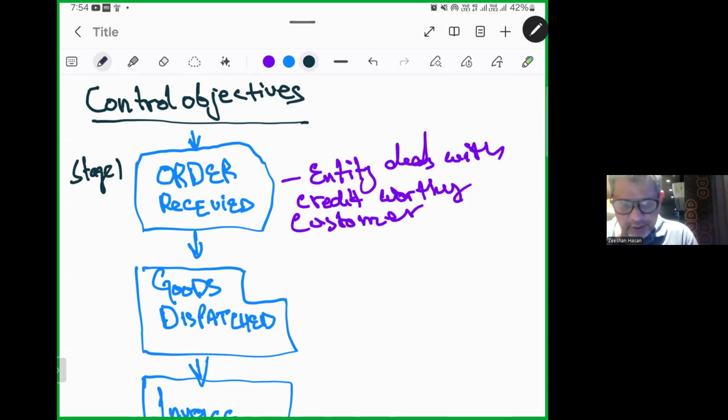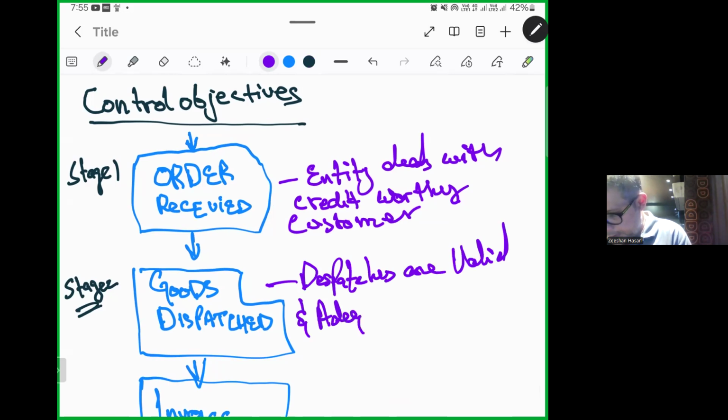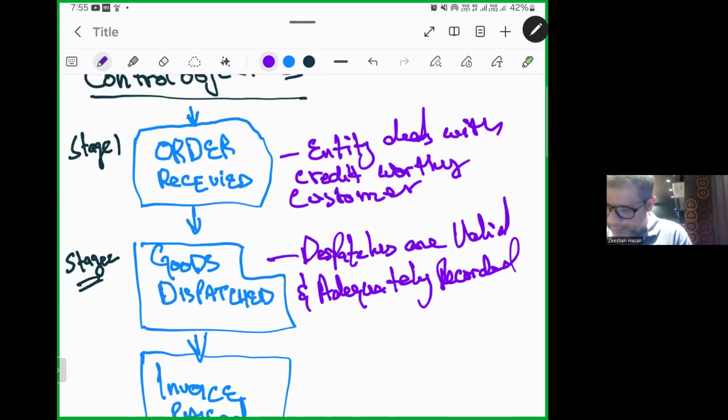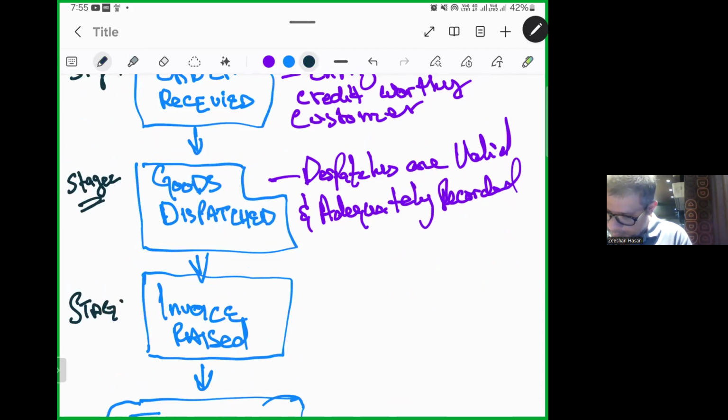Then we have stage two, goods dispatched, where we have to ensure that dispatches are valid and adequately recorded. Then stage three, invoices raised.